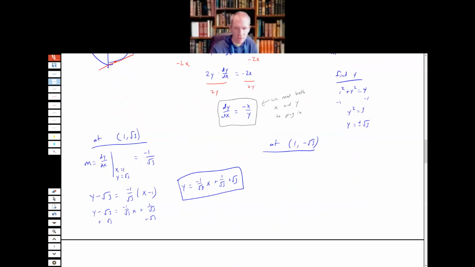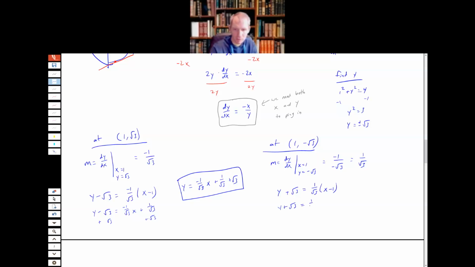Okay. So then at 1 comma negative root 3, the slope is the derivative where I plug in x as 1 and y as negative root 3. So I get negative 1 over negative root 3, which gives me a positive 1 over root 3. Okay, so then the equation of the tangent line is y minus negative, right? So y plus root 3 equals 1 over root 3 times x minus 1.